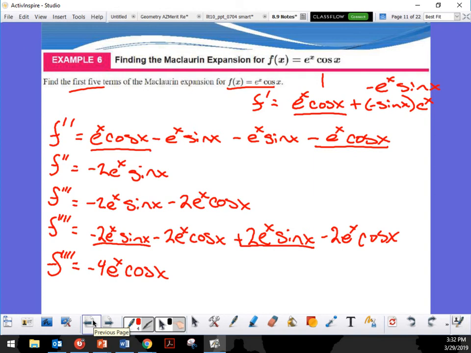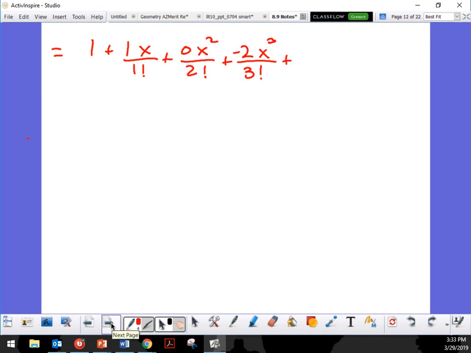So fourth derivative, what are we going to get? -4. -4. -4x to the 4 over 4 factorial.